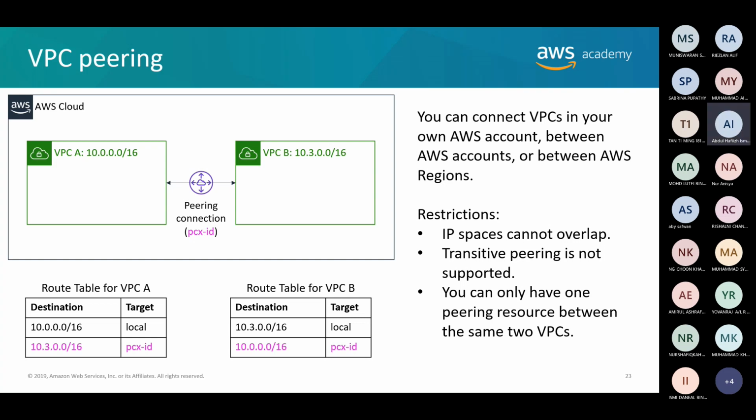And bila kita attach this VPC peering, so any instance dekat VPC B and VPC A can communicate. So cuma route table tu kita kena make sure kalau dia nak pergi ke this subnet, so dia kena pergi ke this gateway lah. Okay, VPC peering.